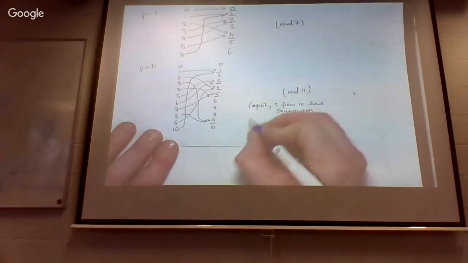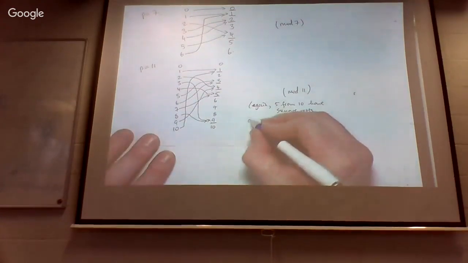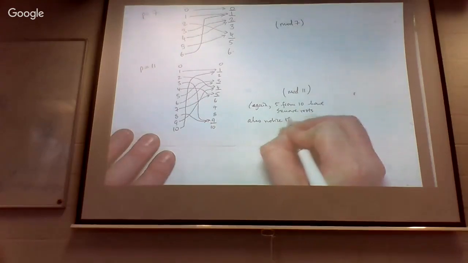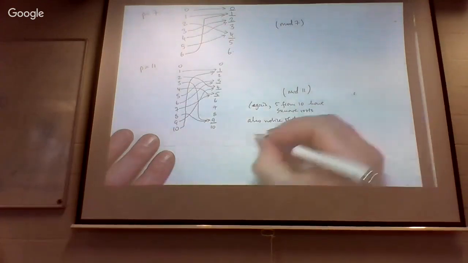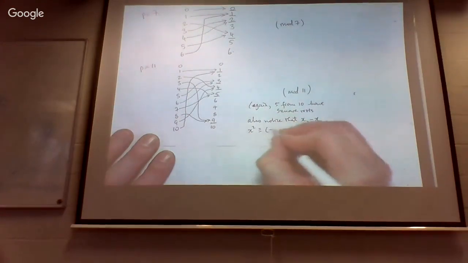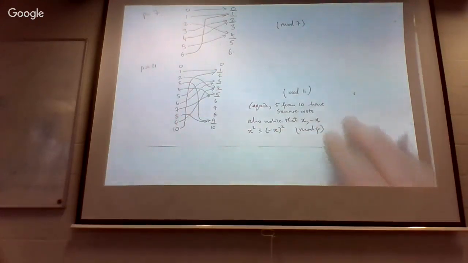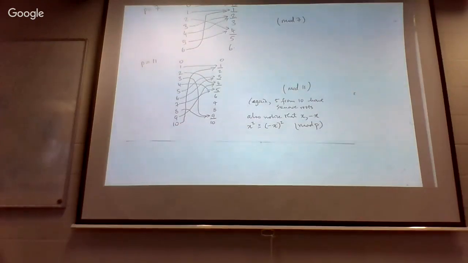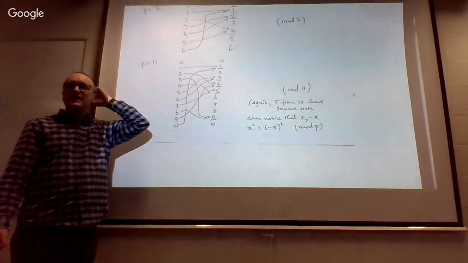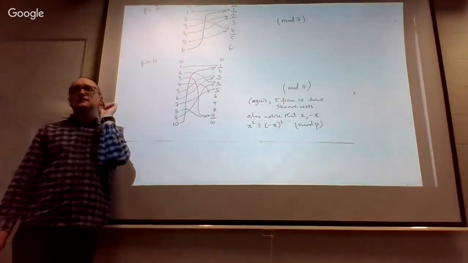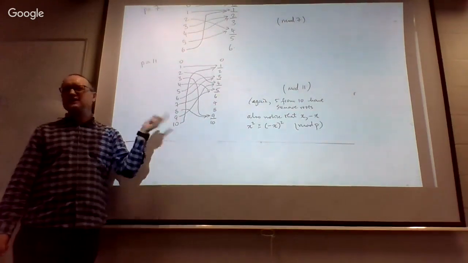Also, what you spotted, and once you spot it, it seems obvious, that x and minus x, well, x squared is congruent to minus x squared, modulo anything, basically. So that says if something here has a square root, it automatically has at least 2, because it'll be itself and its negative, provided its negative is different.